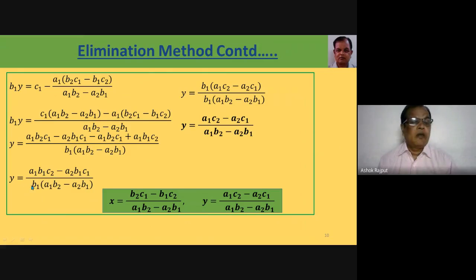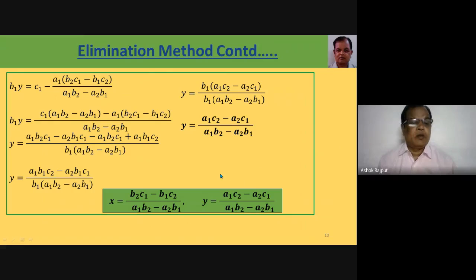Here we are seeing b1 is common in both the terms, so we have taken b1 common: b1 into the bracket a1 c2 minus a2 c1, and b1 into a1 b2 minus a2 b1. b1 and b1 are cancelled. Here will remain y equal to a1 c2 minus a2 c1 by a1 b2 minus a2 b1.